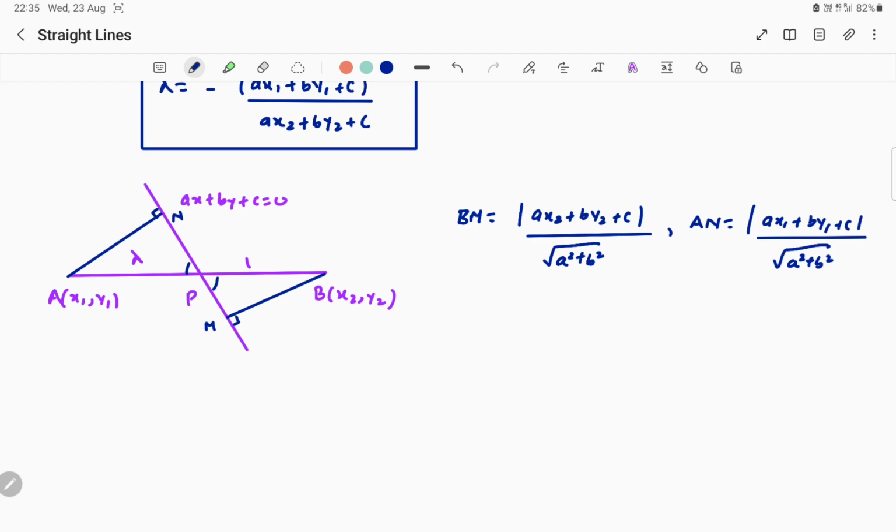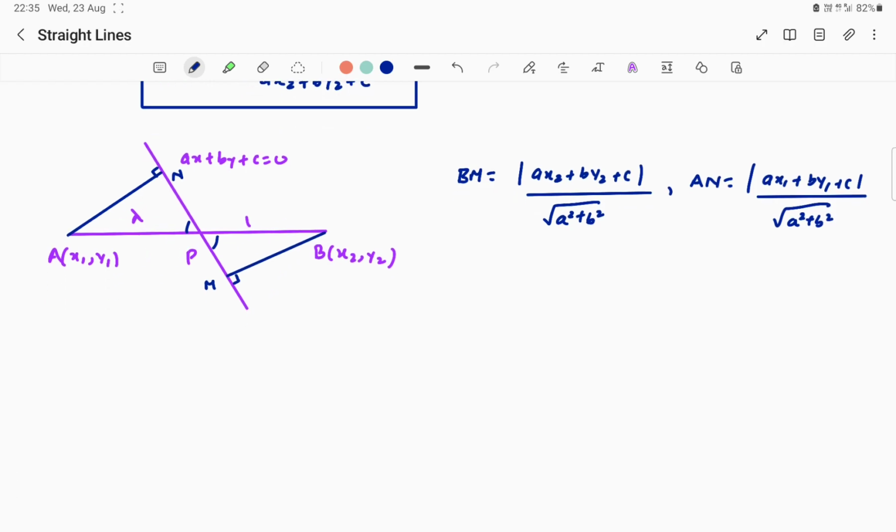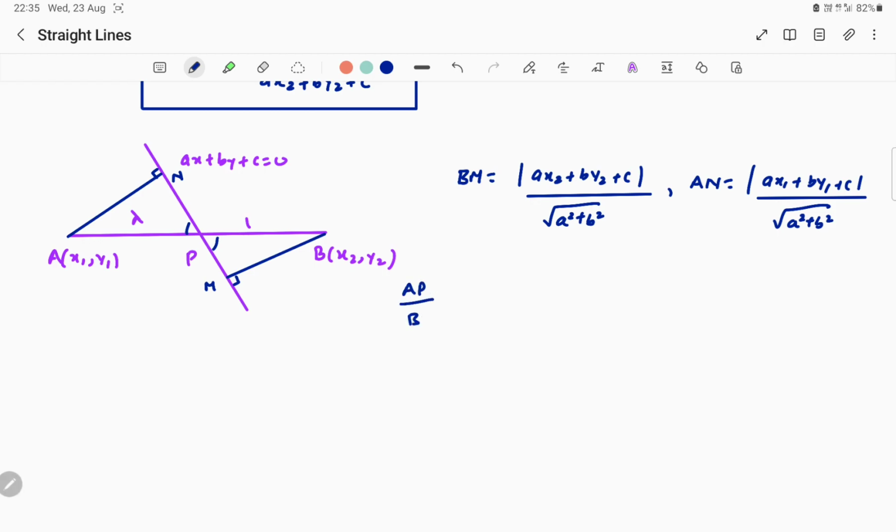When two triangles are similar, the ratio of their sides are equal. It means AP by BP will also be equal to AN by BM. What is AP by BP? It is lambda by 1. And what is AN by BM? When you divide these, you will get mod of (a x1 plus b y1 plus c) divided by (a x2 plus b y2 plus c).